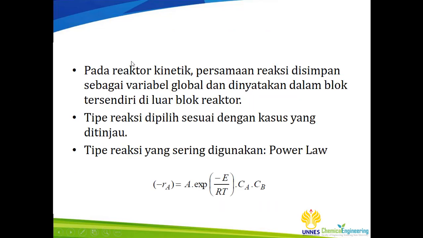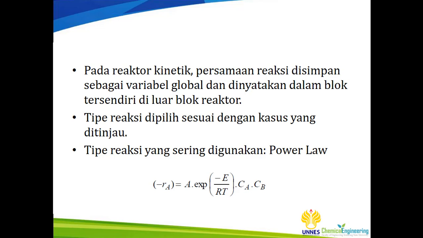In a kinetic reactor, the reaction equation is stored in Aspen Plus as a global variable, and it is different compared to our yield or our stoic. If you still remember, or you can watch the previous video again, the reaction is inside the reactor block.